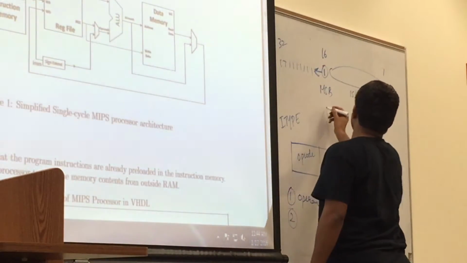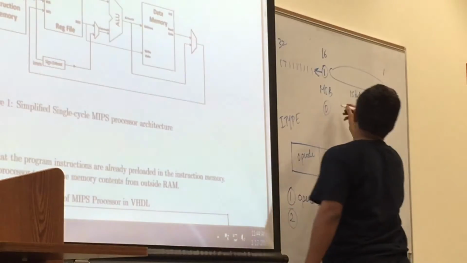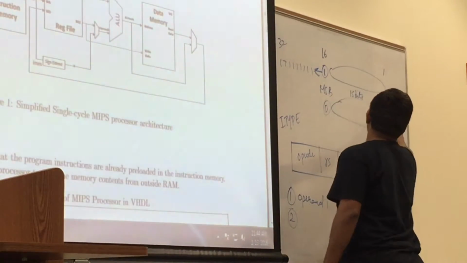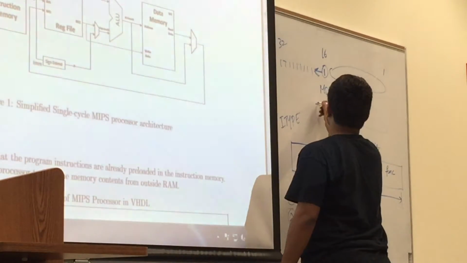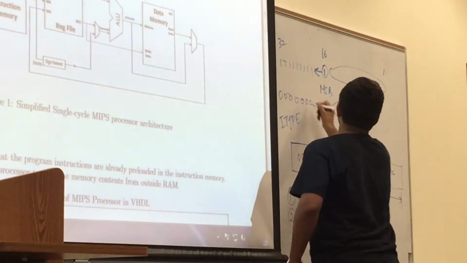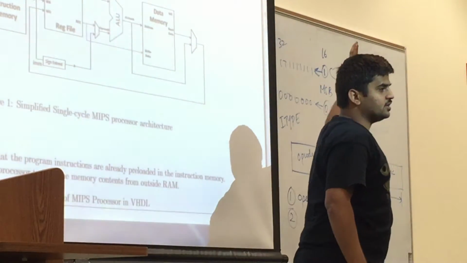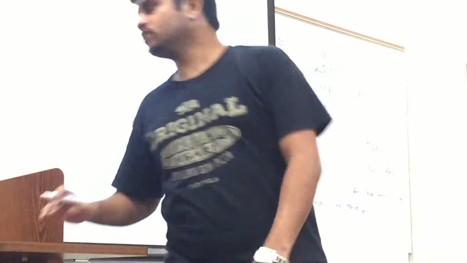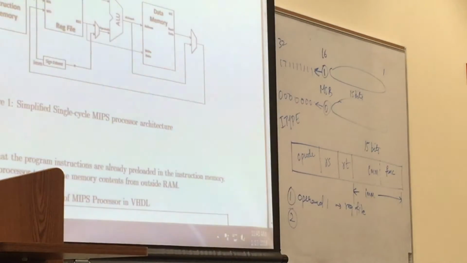If your MSB is 0, then irrespective of these 15 bits, you have to extend all the values with zeros. This is called sign extension. Okay, this will be done using this sign extender block.